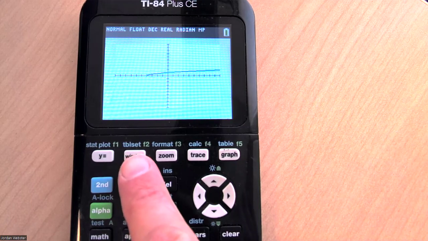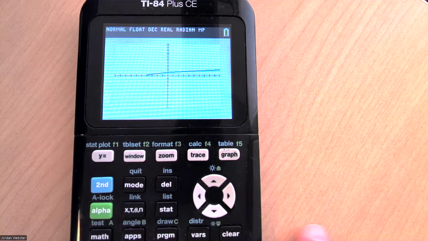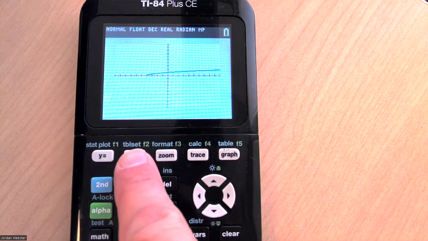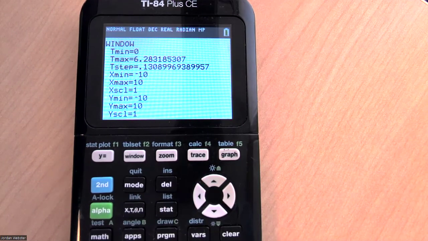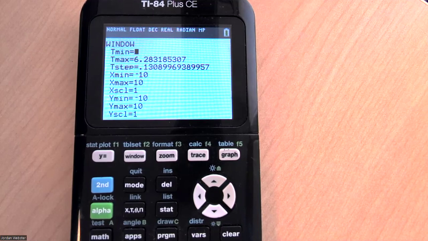So if you want to change that, if you want to make sure t's can be negative, you just go to your window and change your t min and t max. The default is 0 to 2 pi.